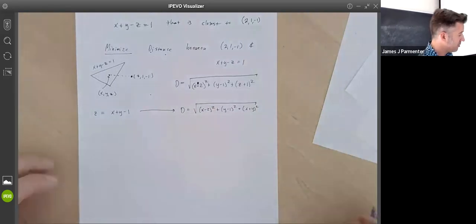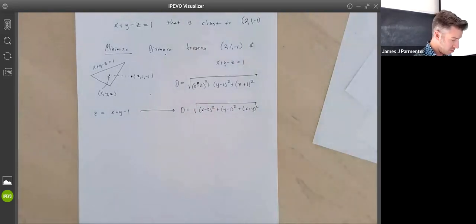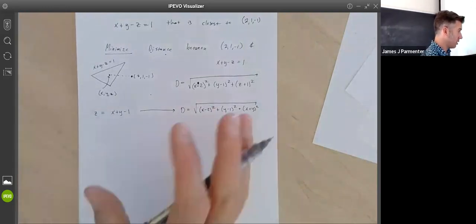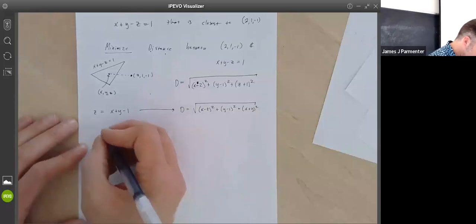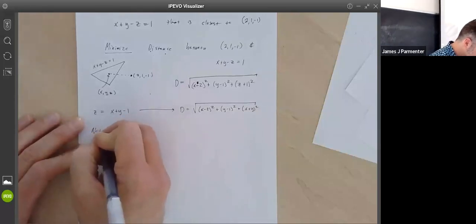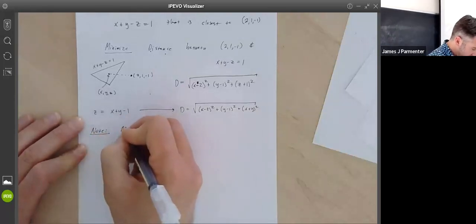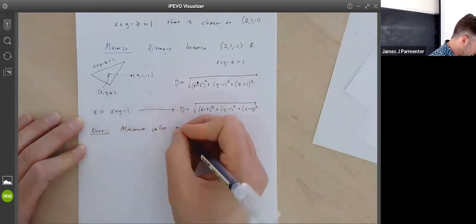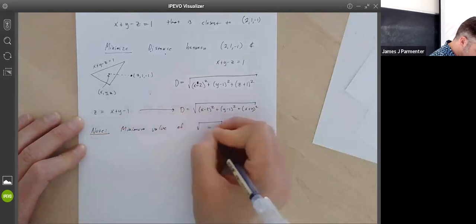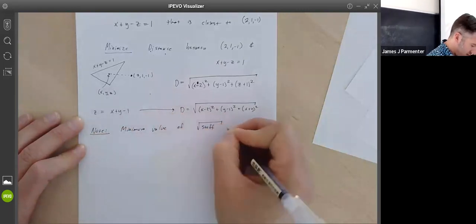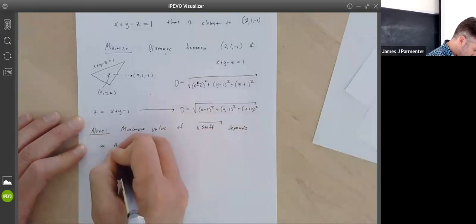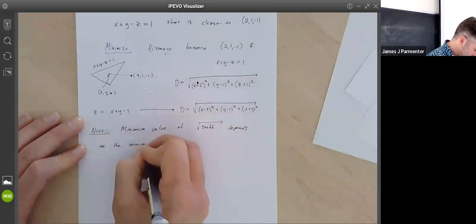Now, here's a really, really nice thing to know. Instead of taking the partial derivatives of this and setting them equal to 0, what we can do is make an observation. The minimum value, in this case, of the square root of some stuff really just depends on the minimum value of the stuff in the first place.